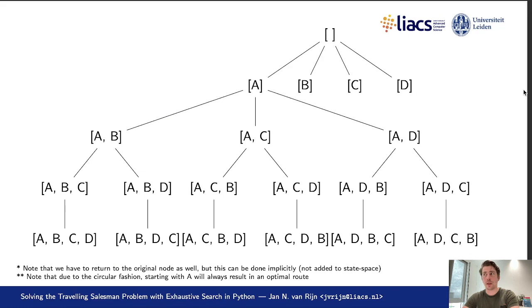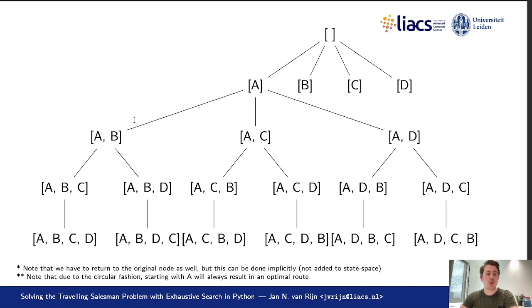The state space looks a little bit like this, where we have here our initial state, and from our initial state we can choose to go first to A, or first to B, or first to C, or first to D. I've only drawn out here the state space that decides to go first to A, because of our aforementioned reasons, that this was indeed the most efficient way of doing this. And from A we can go to B, from A we can go to C, from A we can go to D, not to A itself again, because that does not make sense.